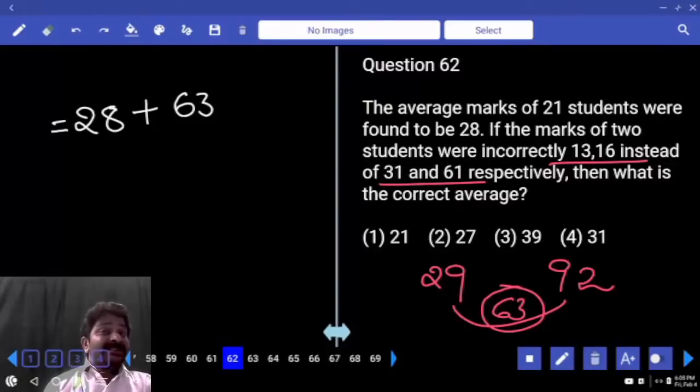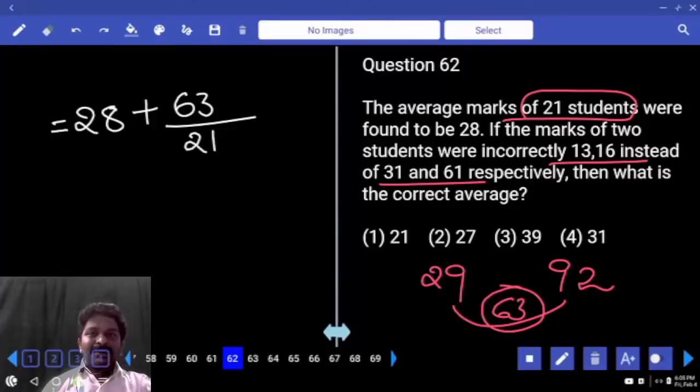Because 28 is average. To the average we can add only average, but not the number. So you must convert 63 number to average. So this must be divided among 21 members. 63 by 21, 3. 28 plus 3, 31, fourth option.